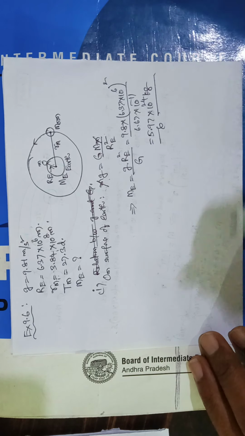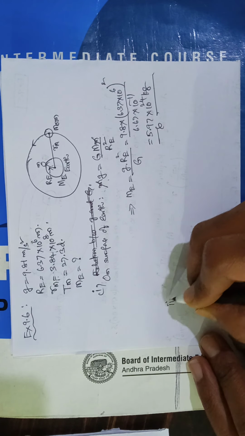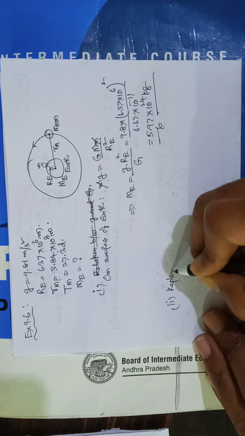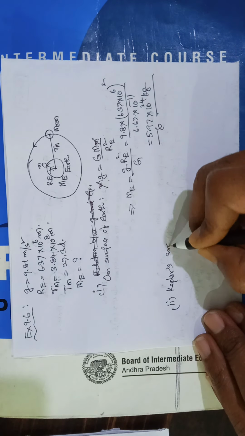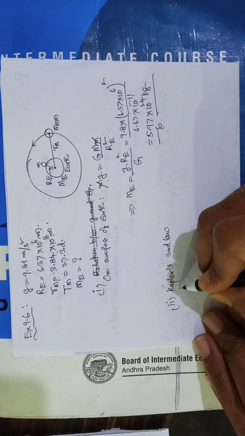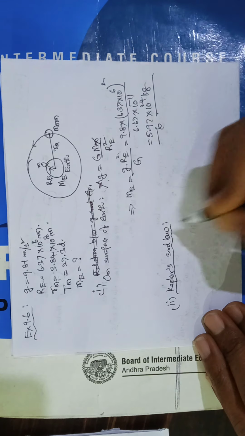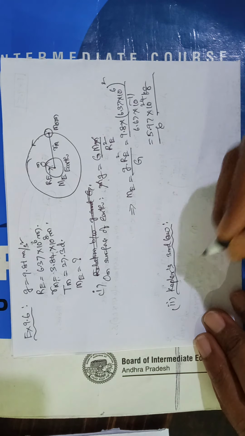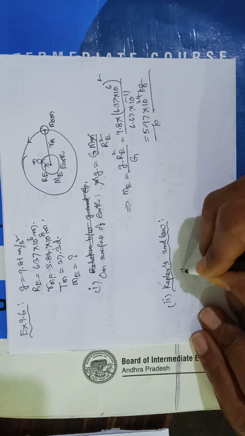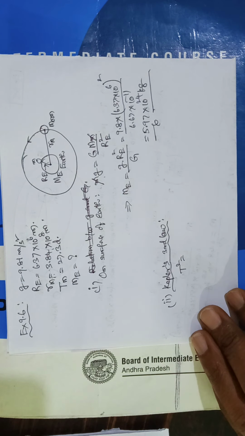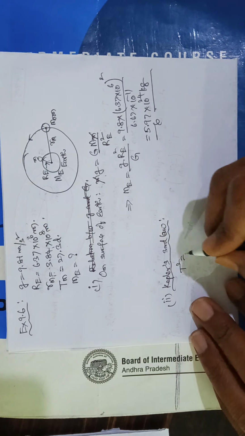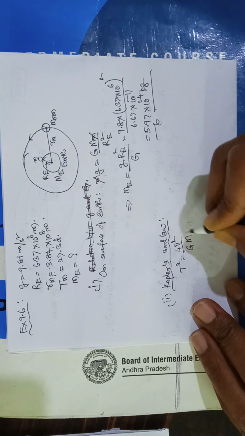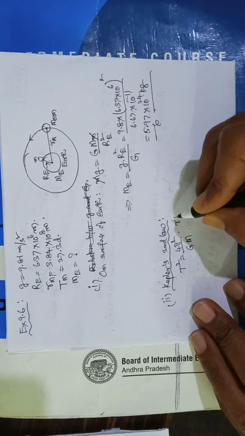Now let us follow another method, that is Kepler's third law, that is the law of periods. According to the law of periods, T square is equal to 4 pi square by GM into R cube.